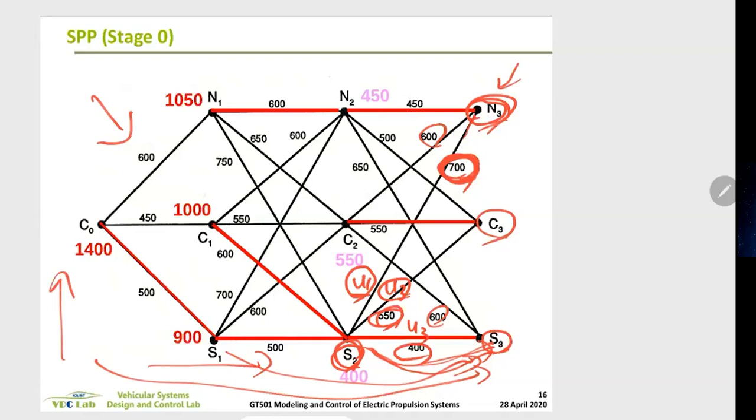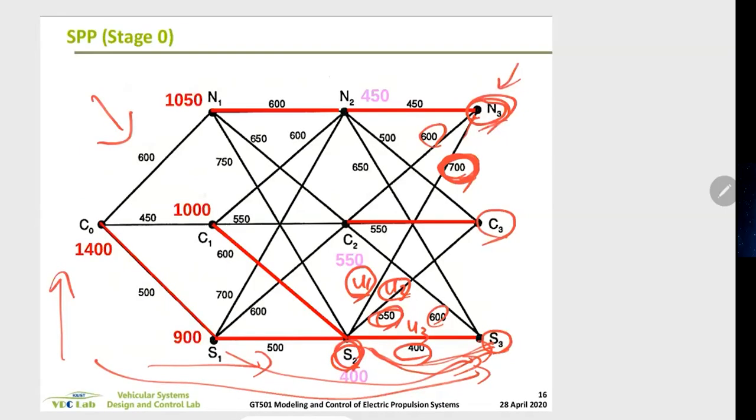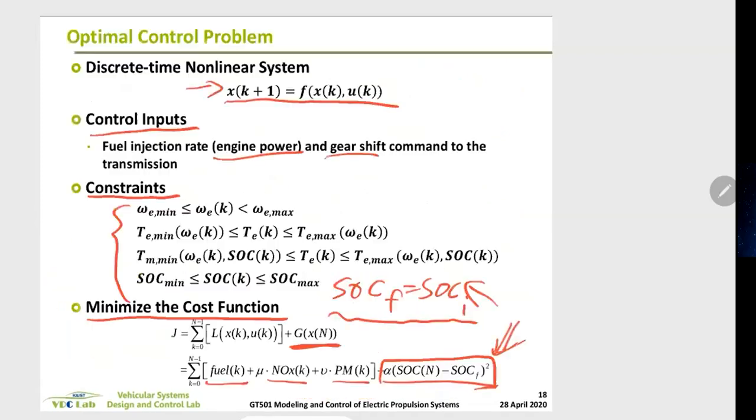That's where the model comes in. Okay. And once you have all of this information, then you can apply DP to do backward optimization and find the path, right?